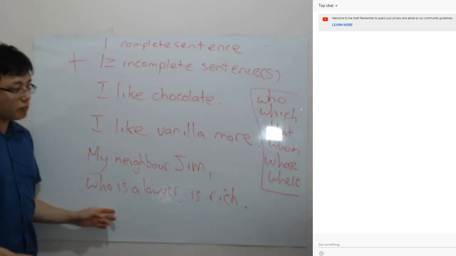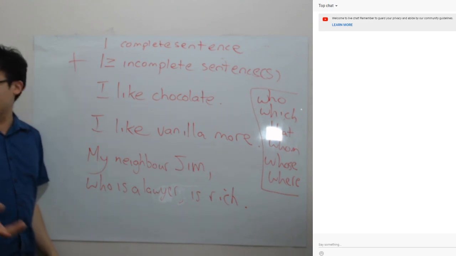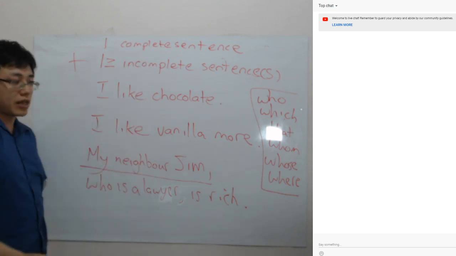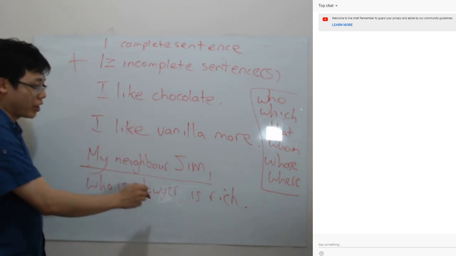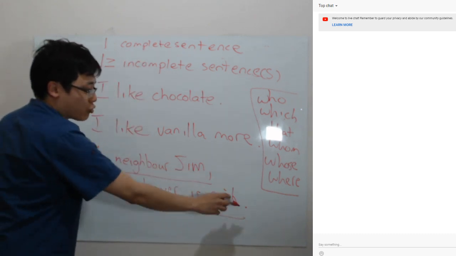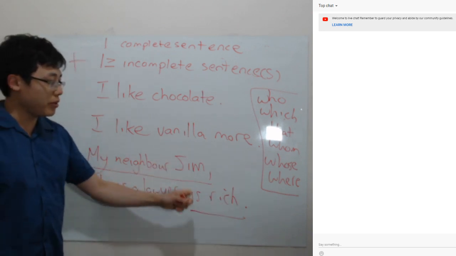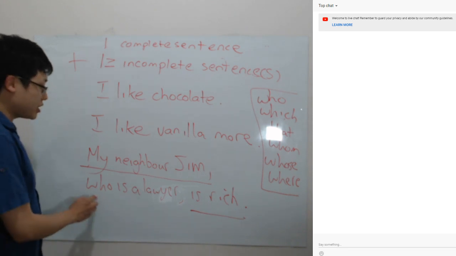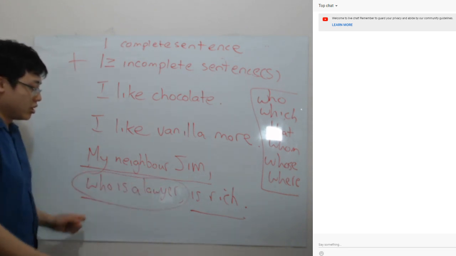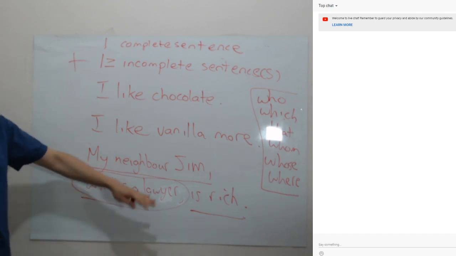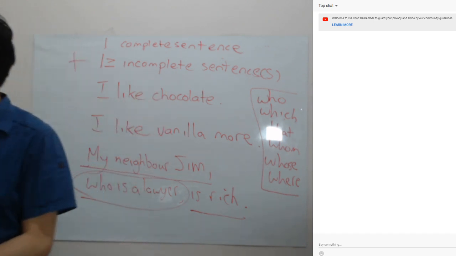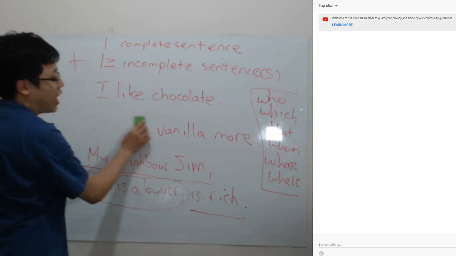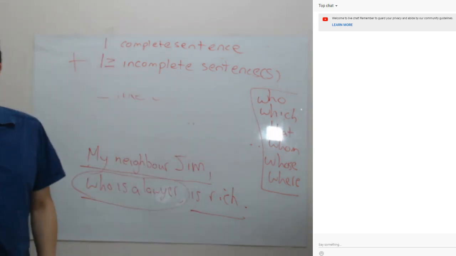From here, you should be able to identify that my neighbor Jim is rich. My neighbor Jim is rich. This is the complete sentence. The incomplete sentence is who is a lawyer. Because I have who, that will make it complex. This sentence is complex because of the pronoun.